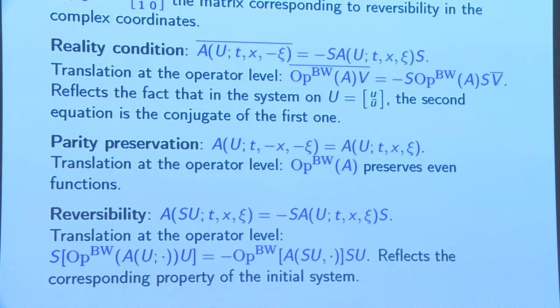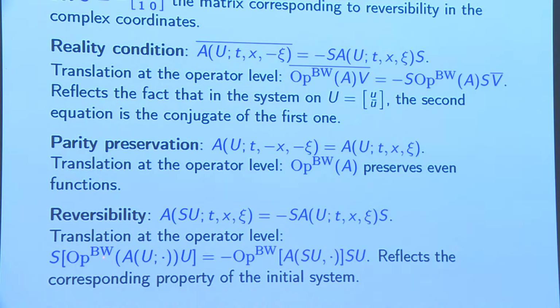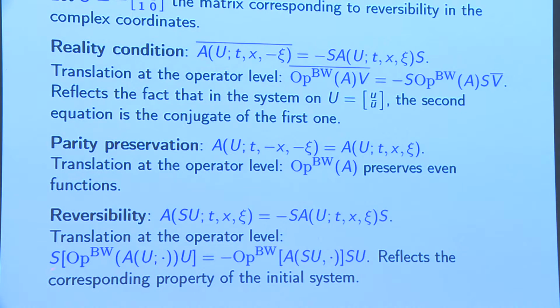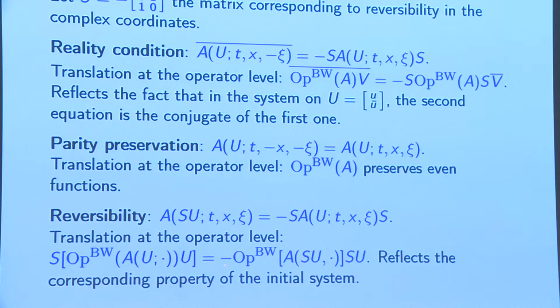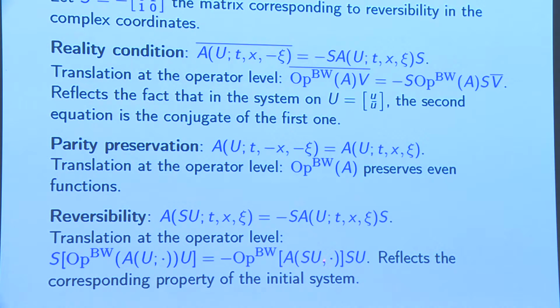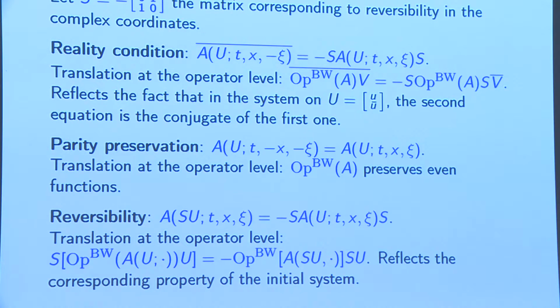If you consider the right-hand side of our system, which was op A of u acting on u, and if you apply to it S, this is equal to minus the operator with symbol A of SU acting on SU. And this just reflects the fact that the system is reversible.